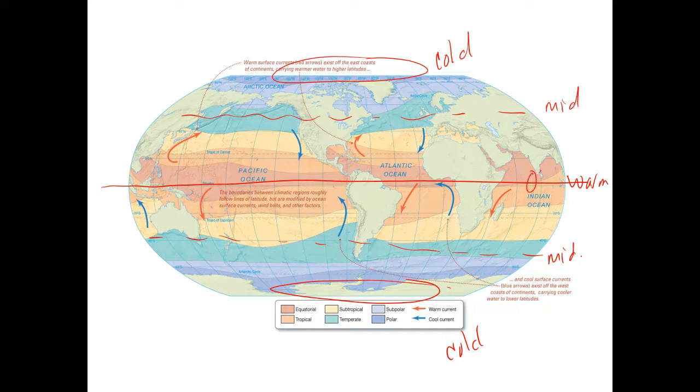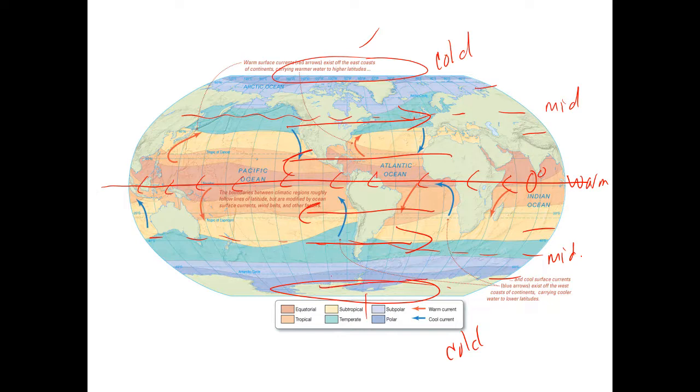That's the same as your 0, 30, 60, 90. Remember, we have spinning to the east Earth, so we originate at the doldrums with our easterly winds. East, west, east, from the east or from the west.